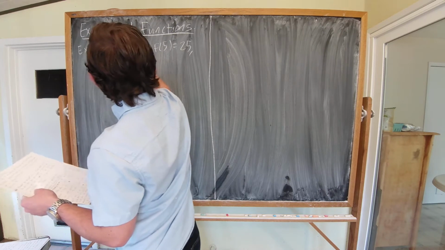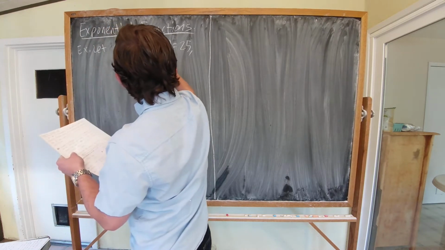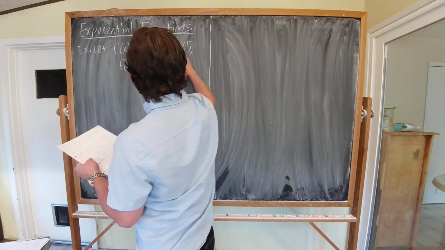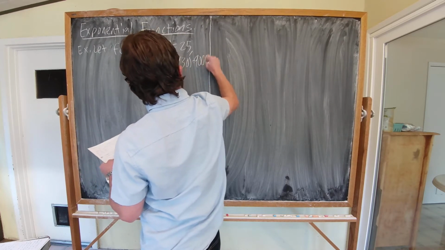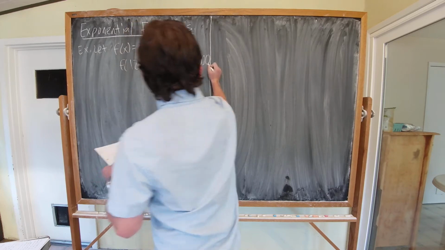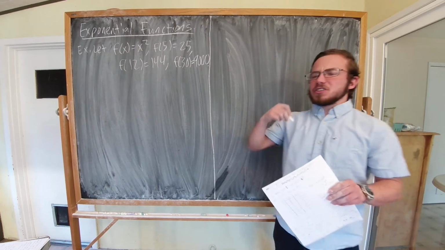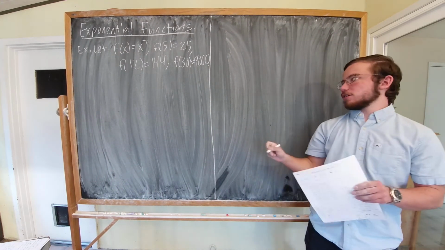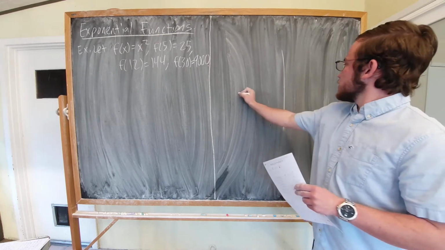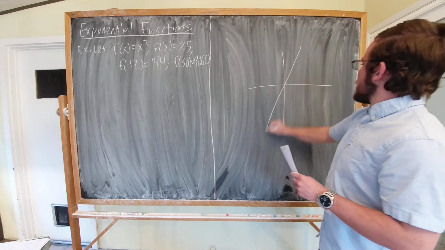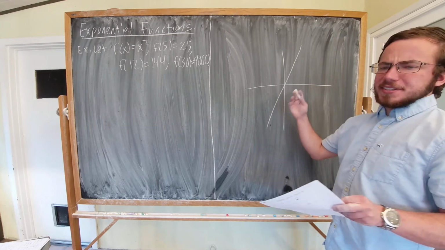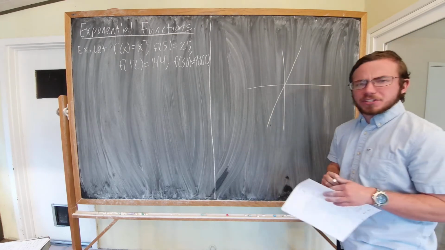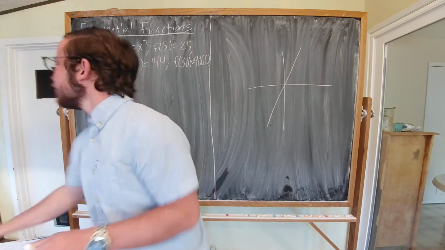F of 12 is 144. And f of 30 would be just 900. In the language of derivatives, f prime of x is 2x, a linear function. And linear functions grow at a constant rate. So f(x)'s growth is never really spiraling out of control.